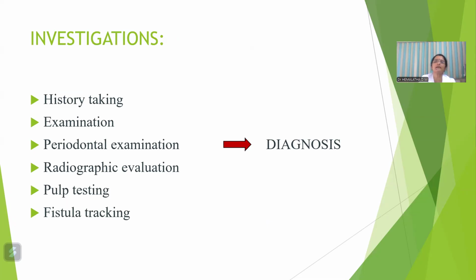And now coming on to the investigations. Most commonly, to come to a diagnosis, you will conclude based on the history taking, examination, periodontal examination, radiographic evaluation, pulp testing, and fistula tracking.